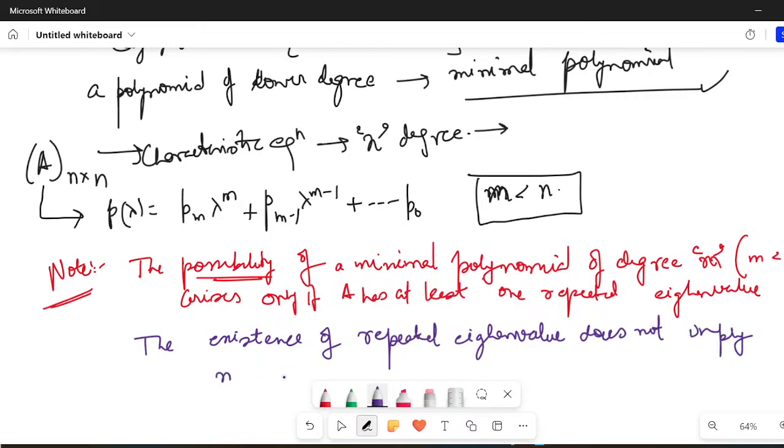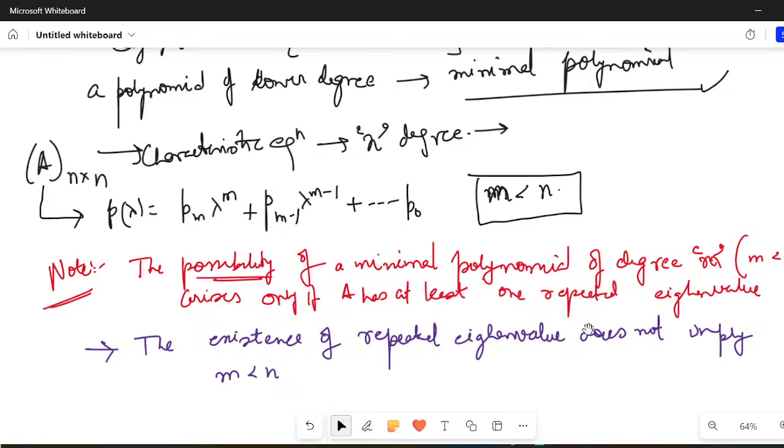It may so happen that your minimal polynomial is equal to the characteristic equation, even for the case of repeated eigenvalues. So please remember, the converse part is not true. I know this is slightly confusing, so I'll help you using an example.